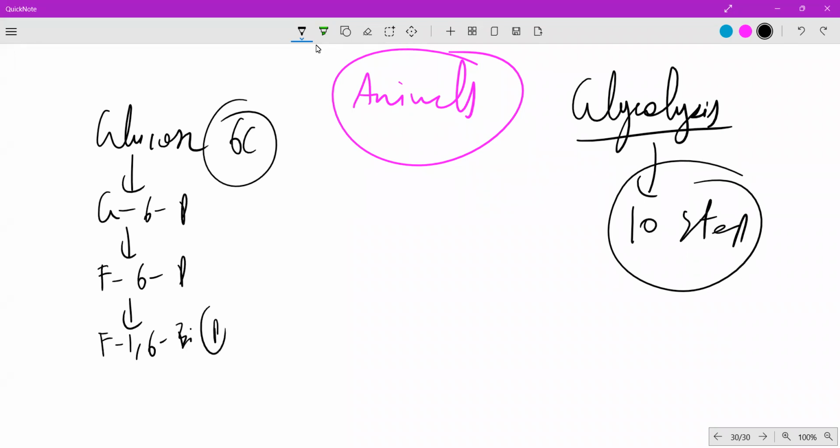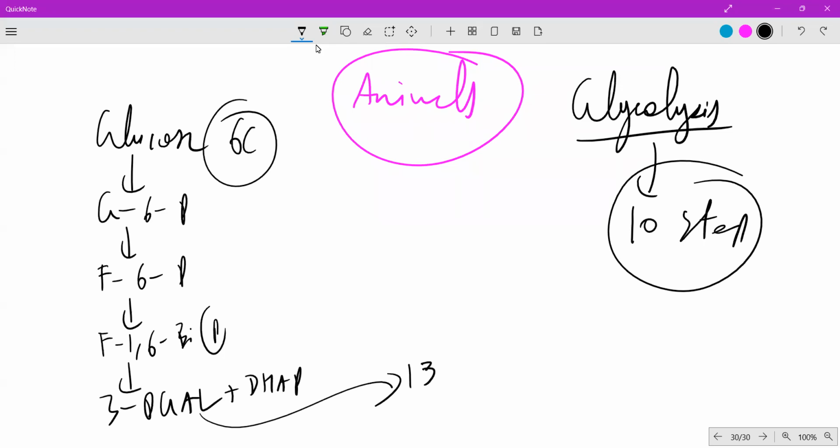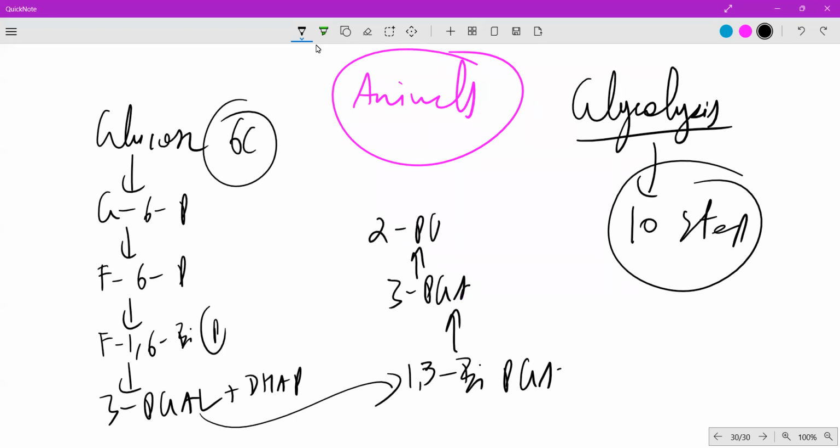This is converted to 3-phosphoglyceraldehyde plus DHAP, dihydroxyacetone phosphate. 3-PGAL is again converted to 1,3-bi-PGA, 1,3-biphosphoglyceric acid. This is converted to 3-phosphoglyceric acid. This is converted to 2-phosphoglyceric acid. This is converted to phosphoenol pyruvate. And finally, we get pyruvate.